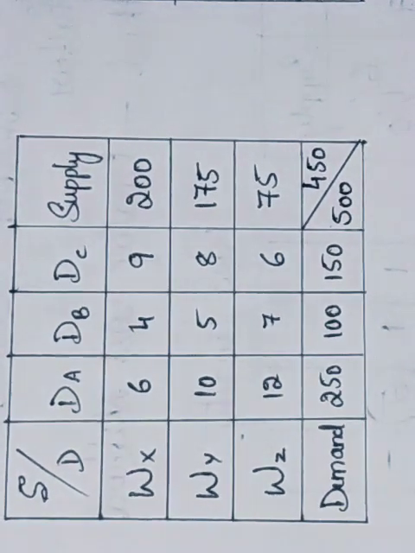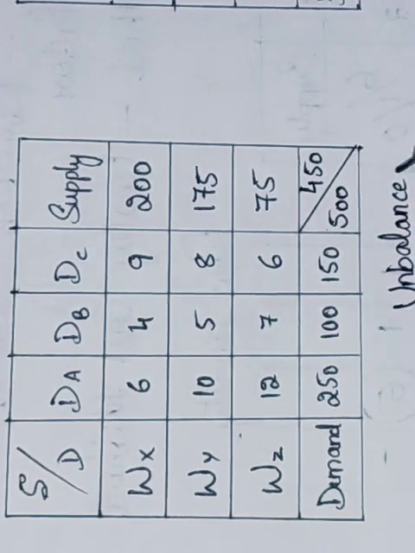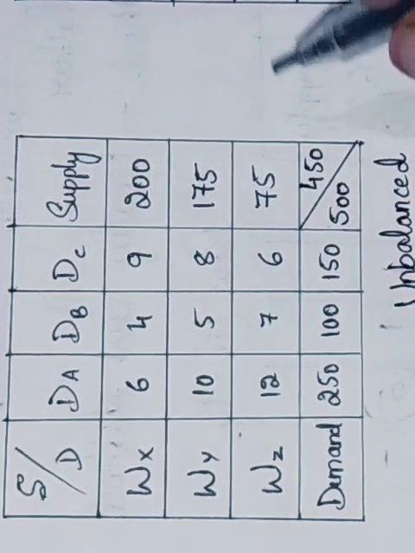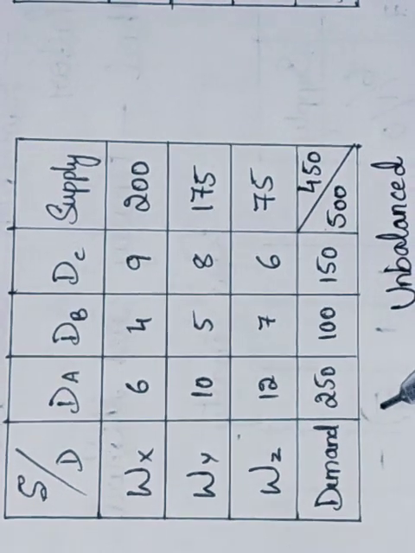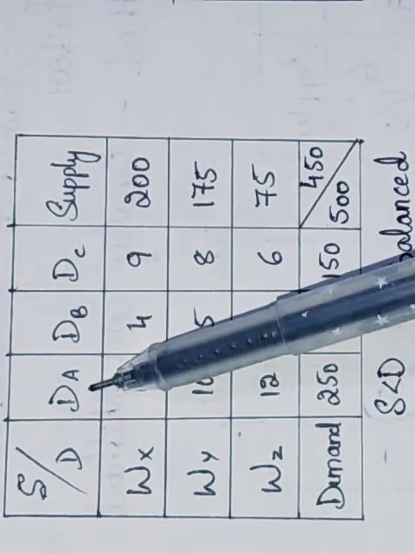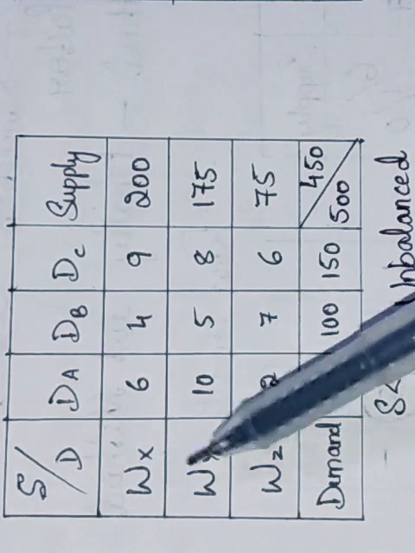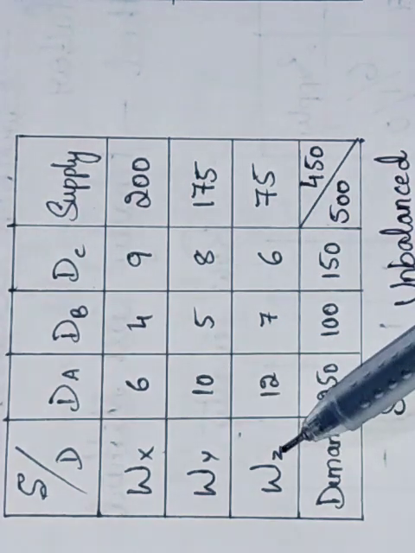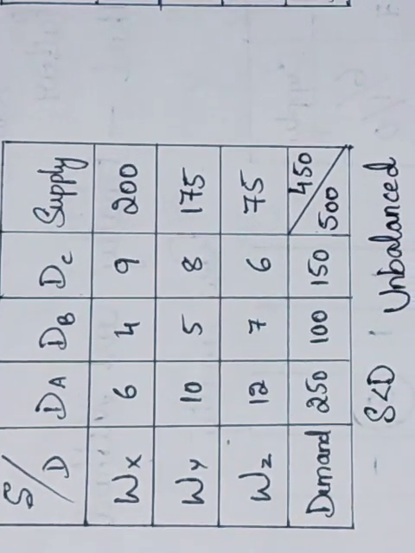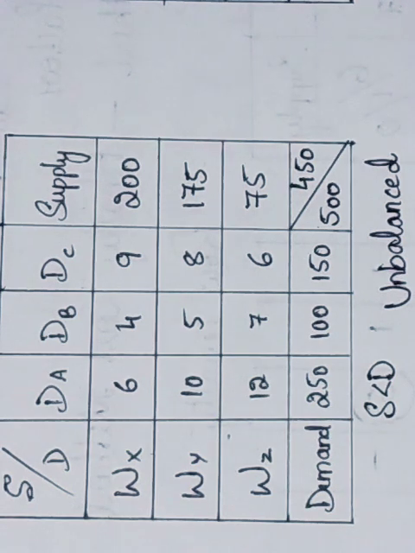So this is an example of an unbalanced transportation problem. In this case, supply is less than demand. And you can observe here destination A, destination B and destination C, and warehouse X, warehouse Y and warehouse Z. So by taking this problem as an example, let us find out how we can convert this unbalanced problem into a balanced problem.